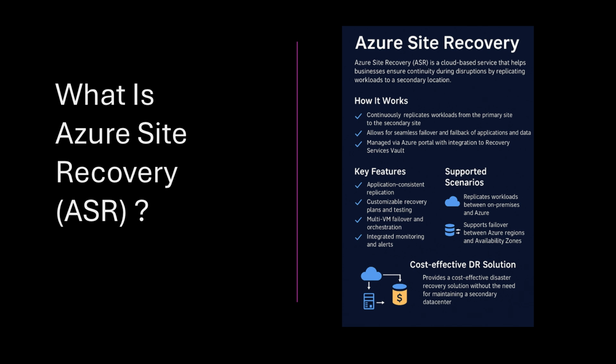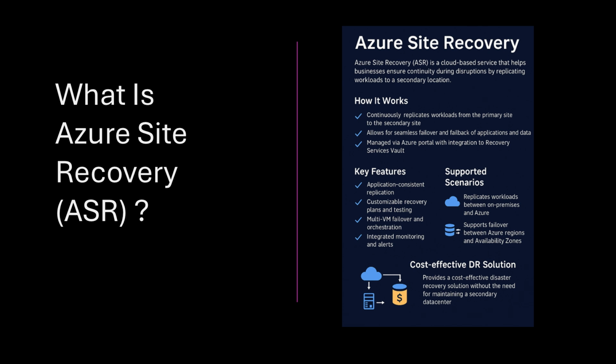Once configured, ASR continuously replicates changes from the source environment to a secondary site. If a disruption occurs, you can easily trigger a failover to the recovery site, keeping your applications and services available. And when things are stable again, you can perform a seamless failback to the original environment with minimal downtime.